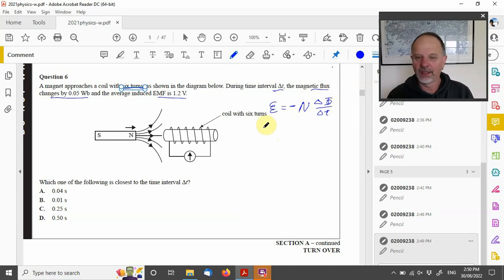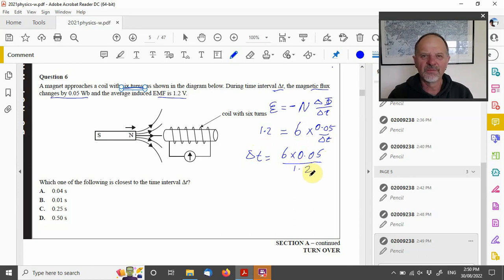So we just put in the 1.2, because that's the average EMF. The number of turns is 6. The change in flux, we're told, is 0.05. And the change in the time would be 6 lots of 0.05 divided by 1.2.